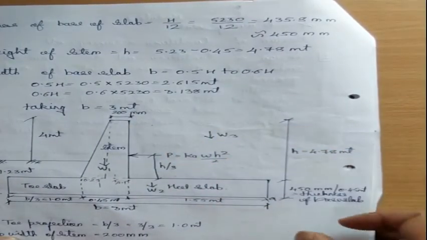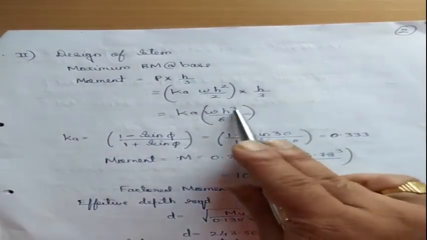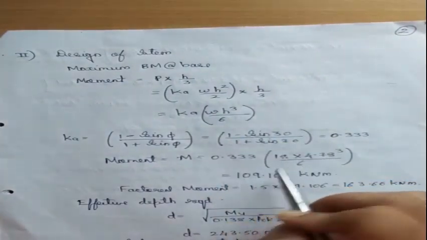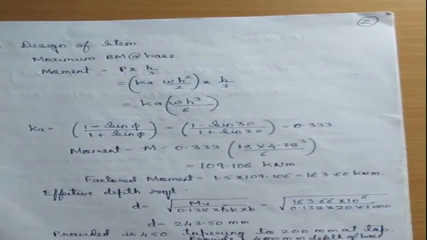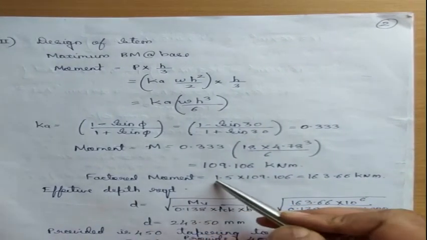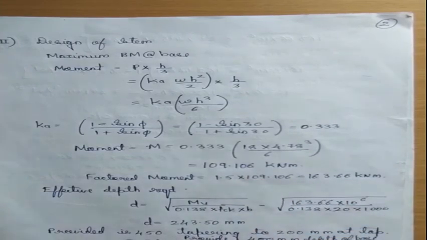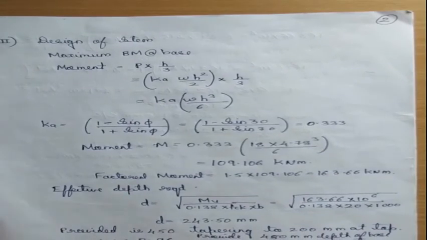So it works out to be 109.106 kilonewton meter. Now this is just the moment. Factoring it, the factored moment is equal to 1.5 into this component, so it is 163.66 kilonewton meter. So much moment is acting at the base of the stem.